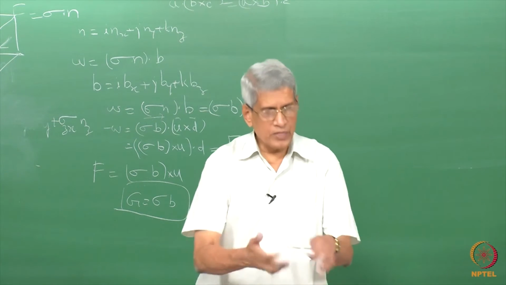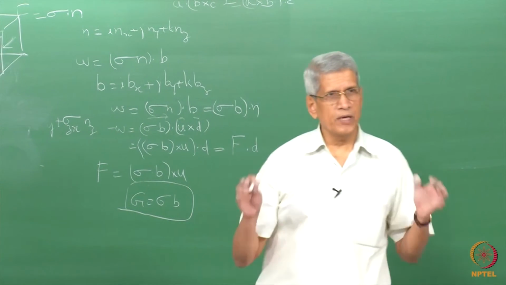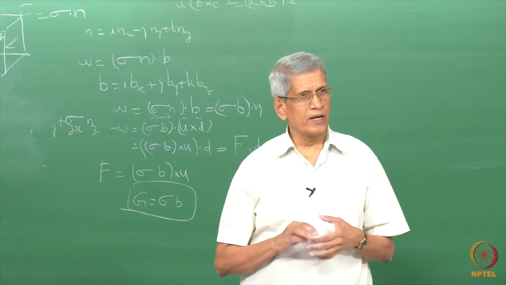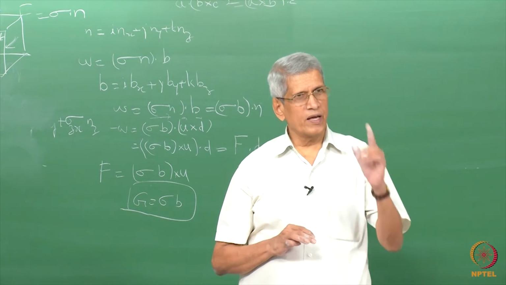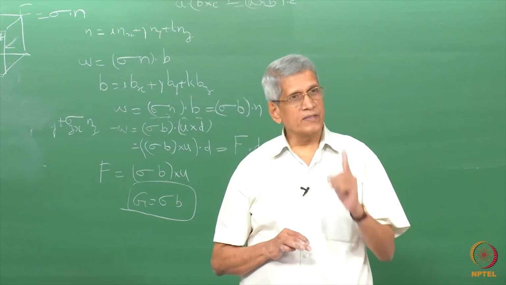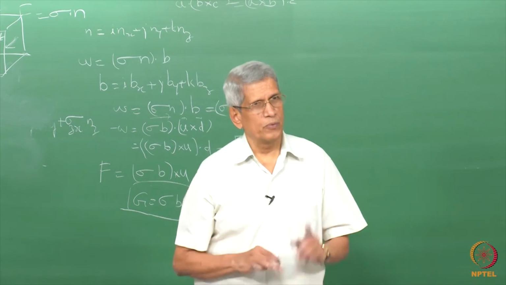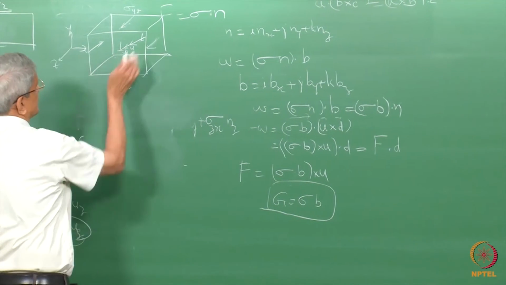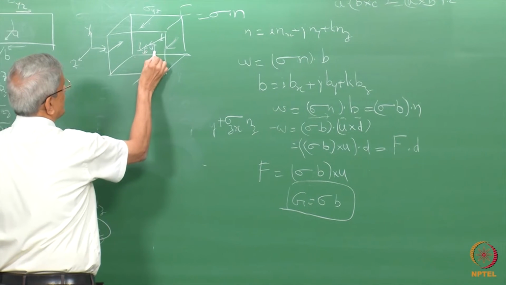Now from this expression it automatically becomes clear that if we apply a stress in a particular direction, that determines the direction in which the force will act on the dislocation, and that is the direction in which the dislocation will move. So under the action of the external stress, if you apply a shear stress like this, the dislocation will move.